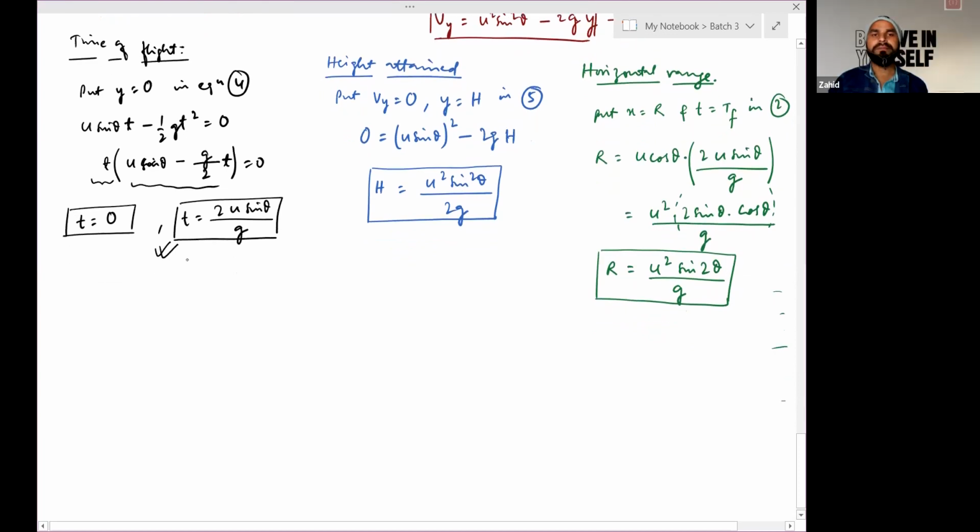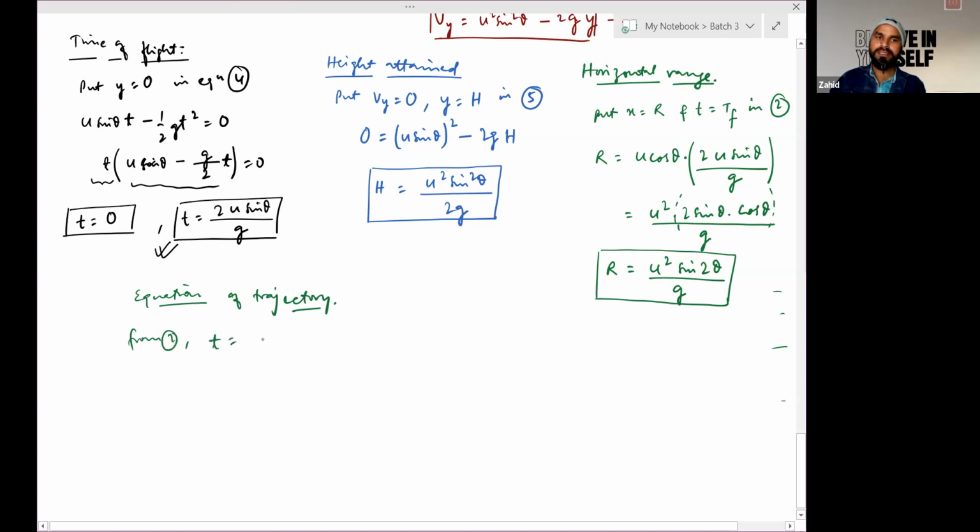Next is to define the equation of trajectory. From equation 2, we can say t is equal to x over u times cos theta.